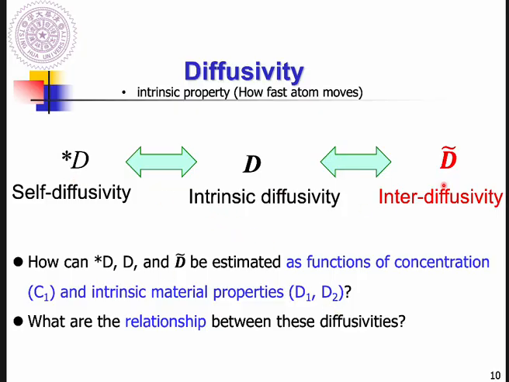And also, what are the relationships between these diffusivities? This is quite important. This is the most important one we want to know, but we need to use this information to derive the interdiffusivity. So this is why everything starts from here.